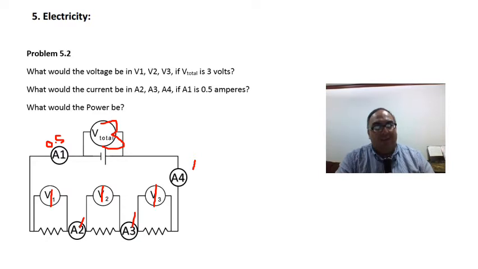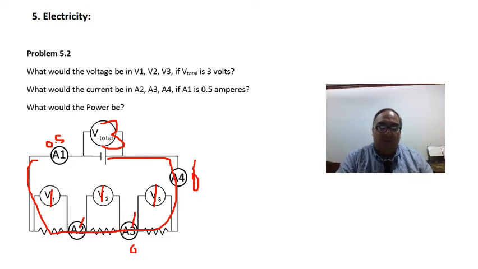And remember the analogy of the mass of the electrons, the amount of electrons, they go, and basically they don't change. So we have 0.5 in here, 0.5 in here, on all of this we have 0.5 all around. Now let's go to the next one to see what happens in parallel.